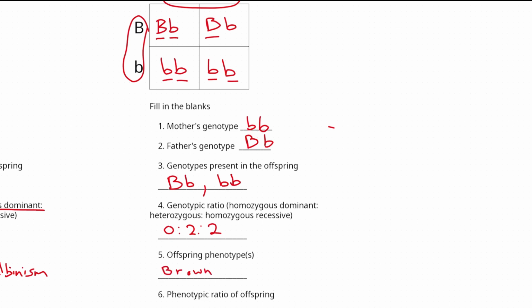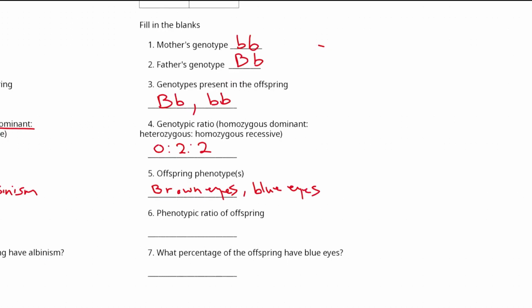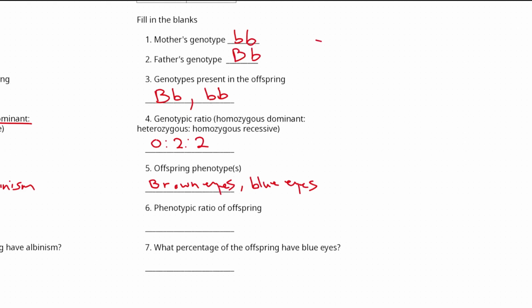And then the homozygous recessive ones will have blue eyes. Let's do our phenotypic ratio. We have 2 with brown eyes, and then 2 with blue eyes.